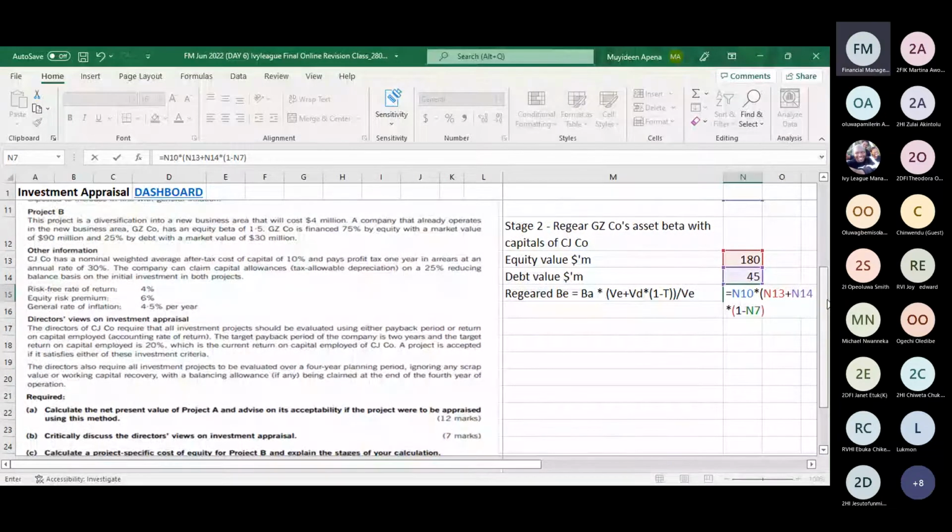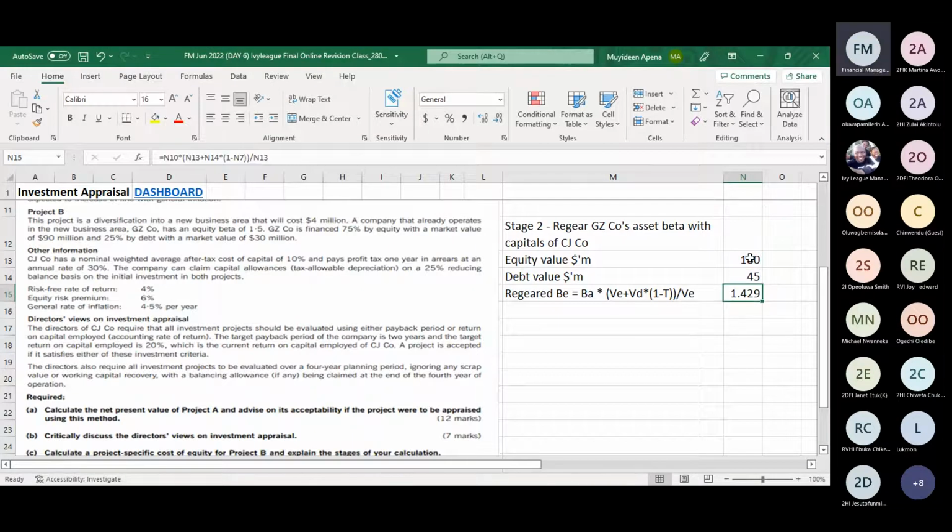Bracket close, divide by value of equity. 1.429. Confirm? Yes, sir. Okay. So then what is the last stage?